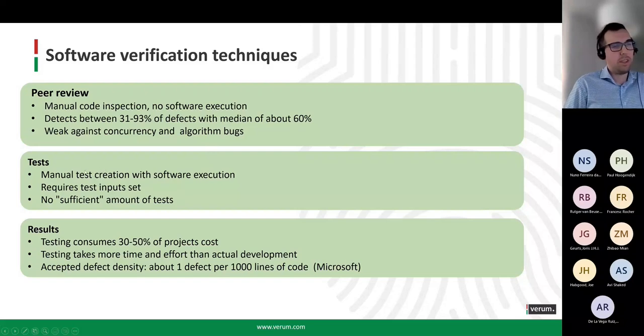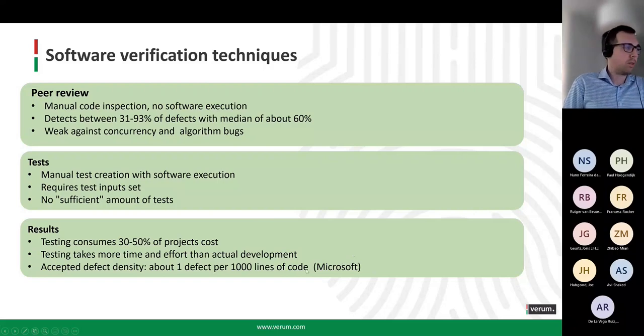Another popular technique is testing. We manually create test cases together with test input sets, and we try to predict all possible scenarios that could happen. But eventually there is never a sufficient amount of tests, and there's always that one small case that we could omit. As a result, testing consumes up to 50% of the project cost, and typically takes more time than the actual development.